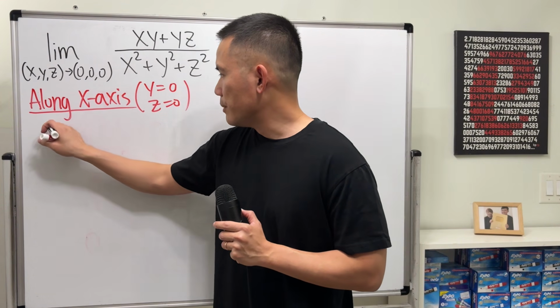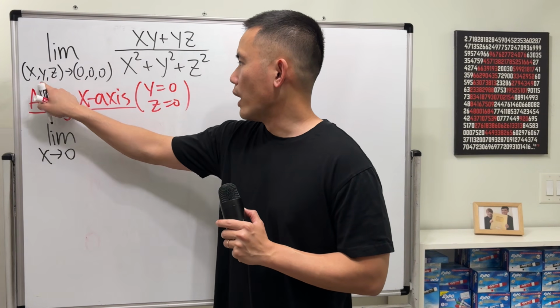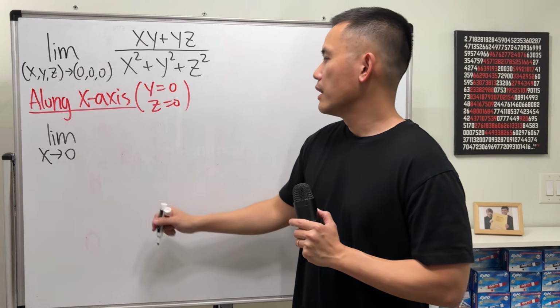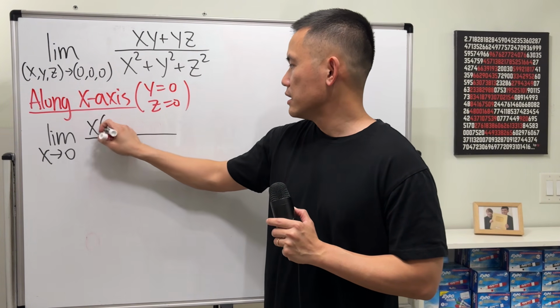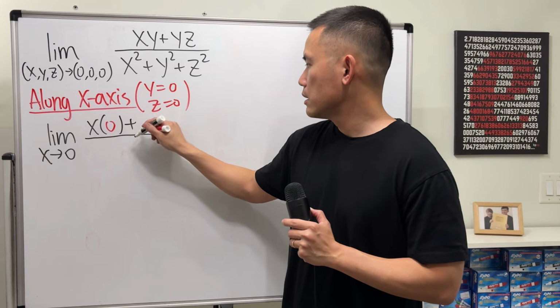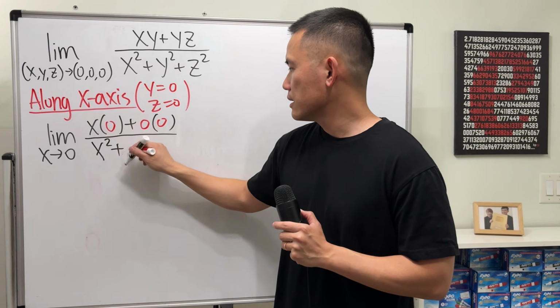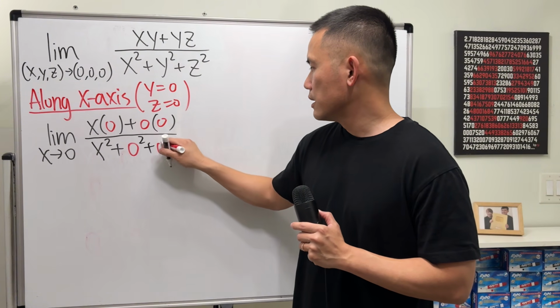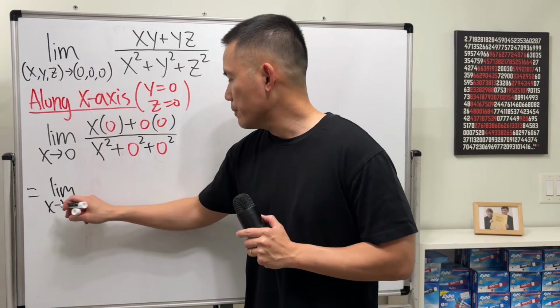That means we get the limit. We just care about x approaching 0 now because y and z are exactly 0. And we will just plug this into y and z. So let me set it up to make it super clear. On the bottom we have x squared plus 0 squared plus 0 squared, and that will be the limit as x approaches 0.